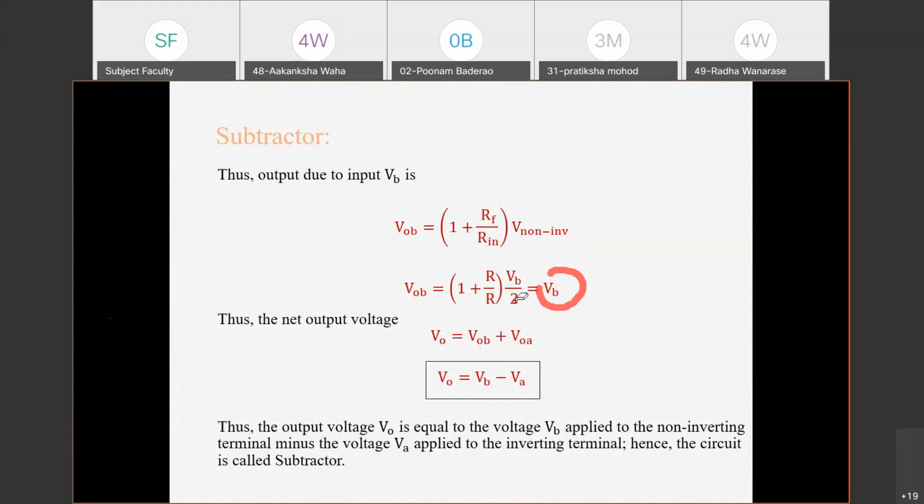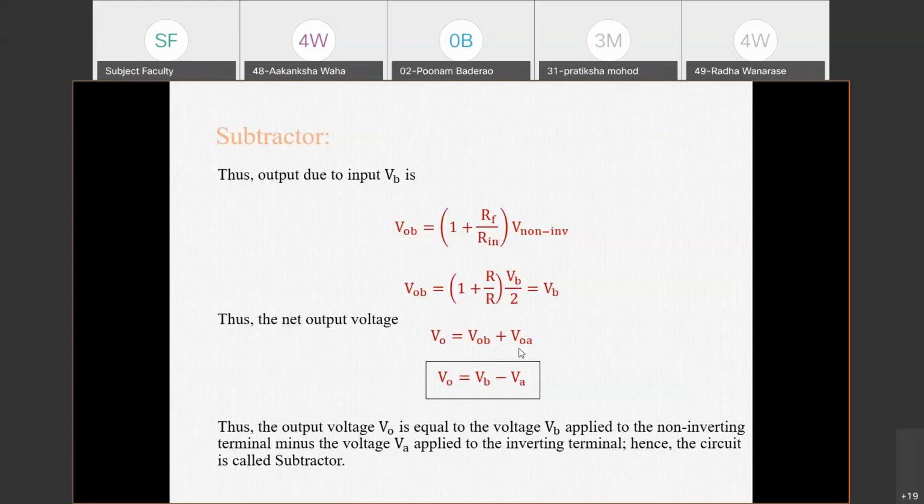Alright. Now, by using the superposition theorem, we can add these two responses, these two outputs. VOB was the output when only VB was the input, and VOA is the output when the input was VA.